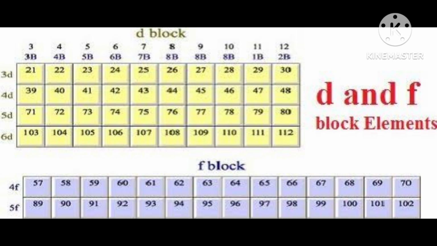The overall decrease in atomic and ionic radii from lanthanum to lutetium, the first member being lanthanum and the last member lutetium, is called lanthanoid contraction, and it is a unique feature in the chemistry of lanthanoids.